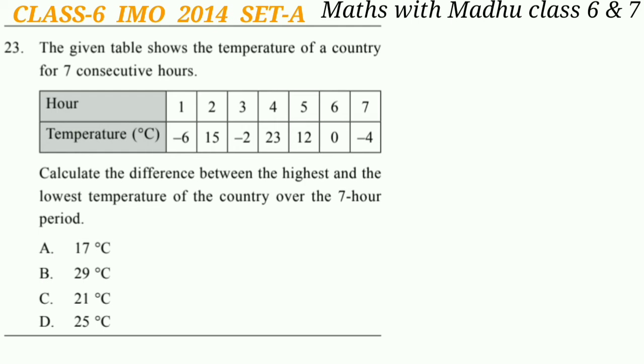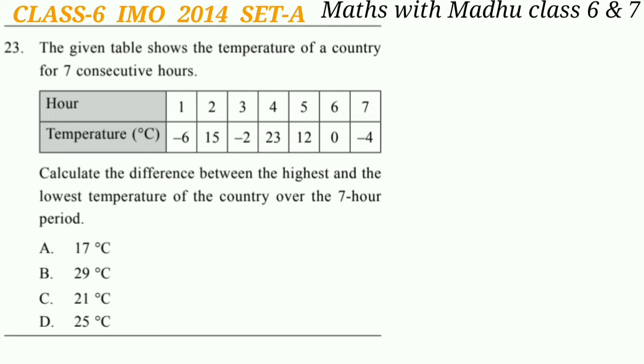The given table shows the temperature of a country for 7 consecutive hours. Calculate the difference between the highest and the lowest temperature of the country over the 7-hour period. Look at the table.